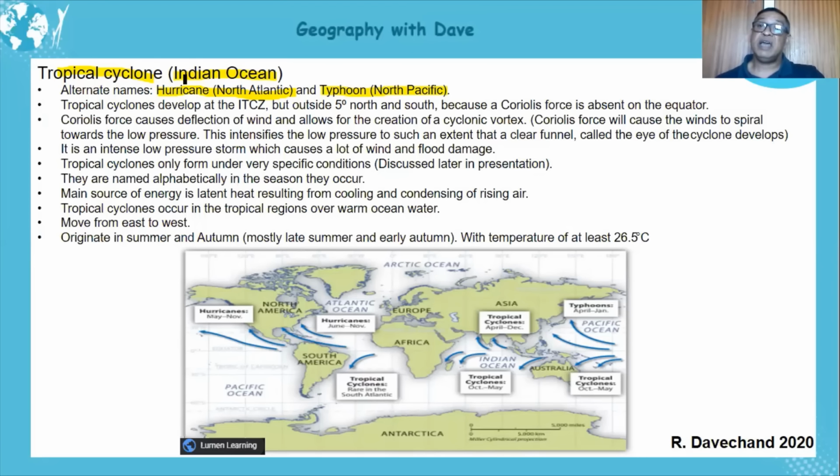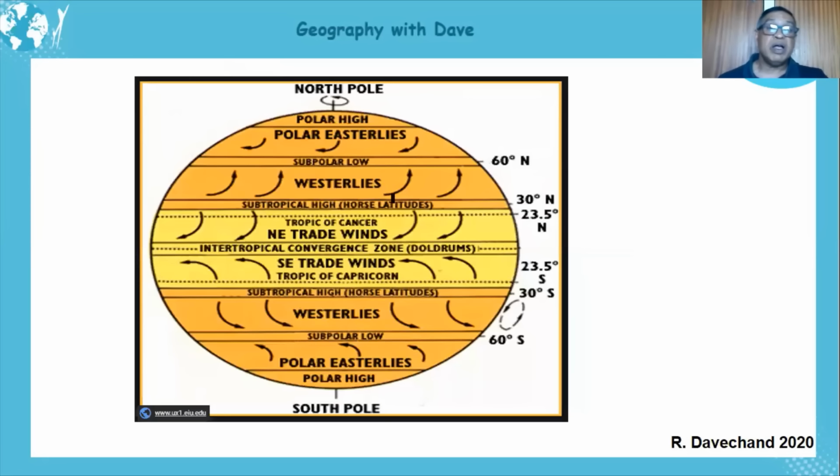Tropical cyclones develop in the ITCZ, but outside the 5 degrees north and south. It occurs in these regions on either side of the equator, in the intertropical convergence zone.